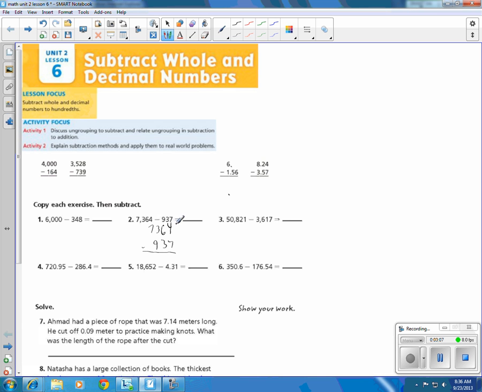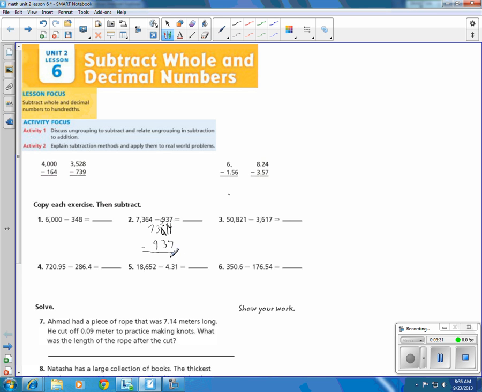So, similar to the first one, we don't have enough here in our ones place in 7,364 to be able to subtract the 7. So we'll come over to the tens place. We're just going to borrow 1 there, which we take 1 out from 6, leaves us with 5, and we bring that 10 that we borrowed over to our ones place.